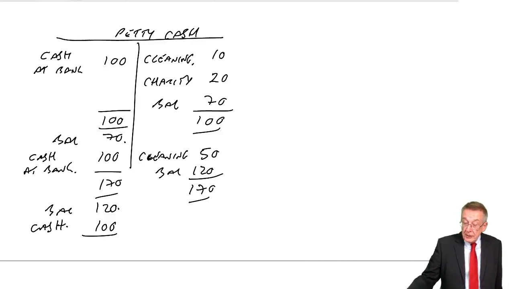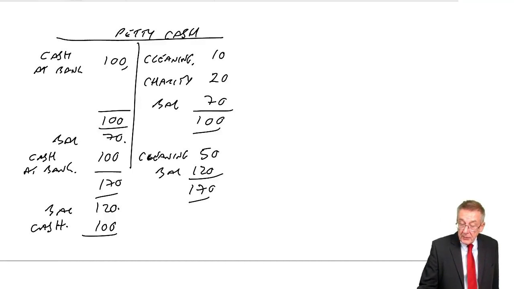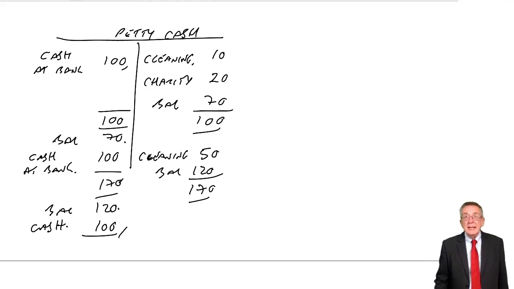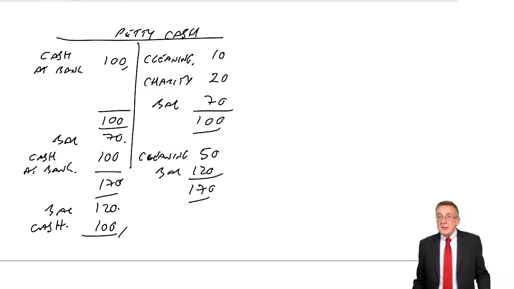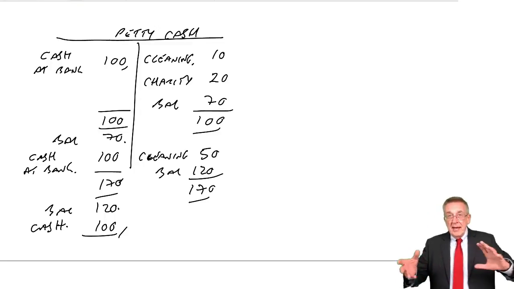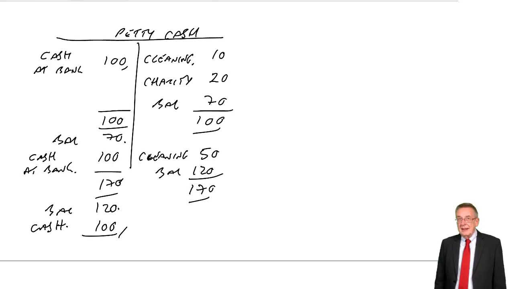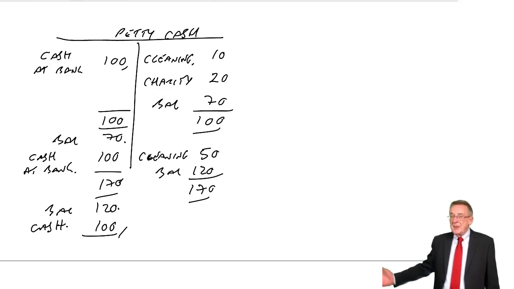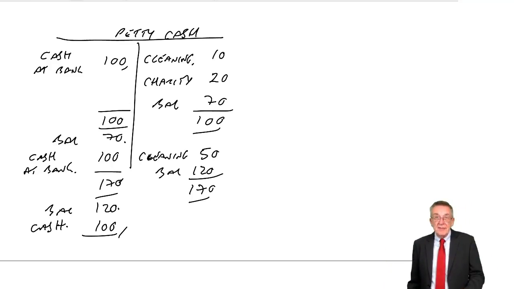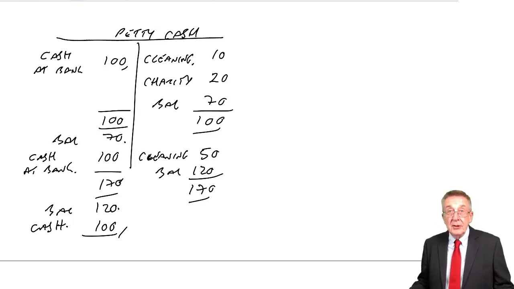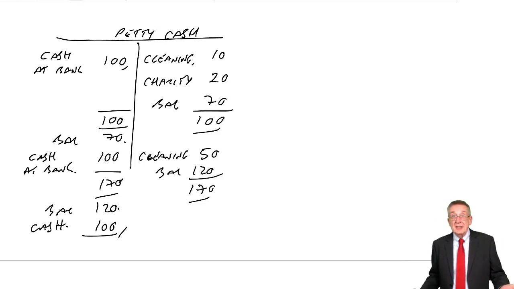But trouble is, you can see what's happening. Started with 100. Then they went up to 170. Now they're up to 220. They can carry on like this and cleverly manage to end up with several thousand in the tin. And then, of course, they disappear with several thousand. And when I come to investigate, I think, good heavens, I thought the most we could lose was 100. Got out of control.